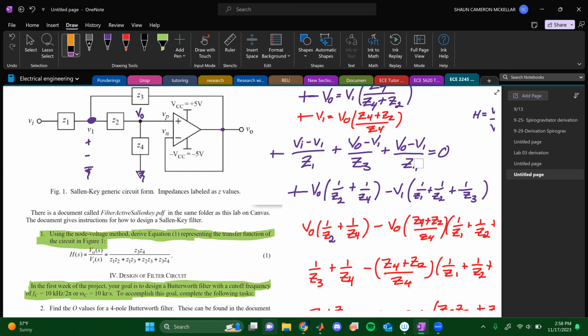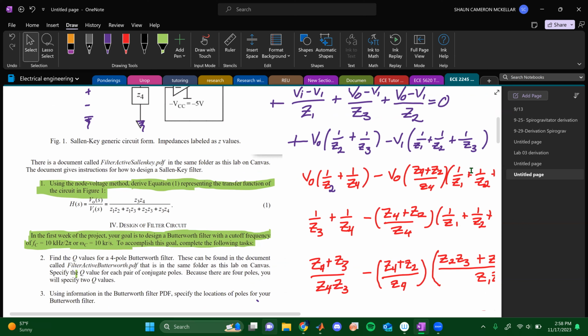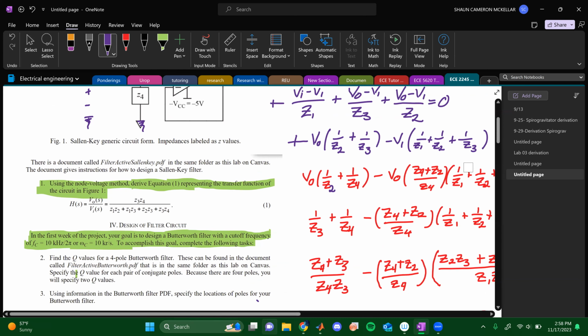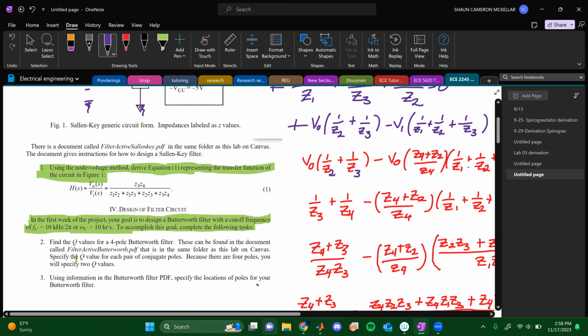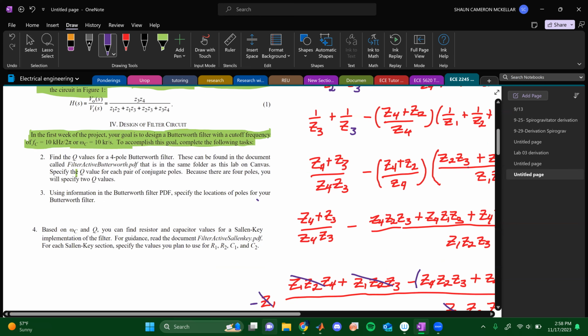That should be a Z2 right here. Wow. Okay, so yeah, so this should be Z2 and Z3. And I think that will put us on the right track. And this is actually not a terrible typo to fix. It'll go pretty quick. So that should be Z2 and Z3. This is a Z3. This Z4 is a Z2. A Z2.